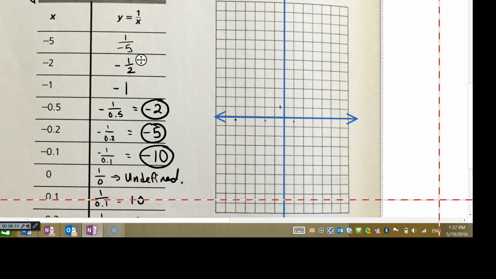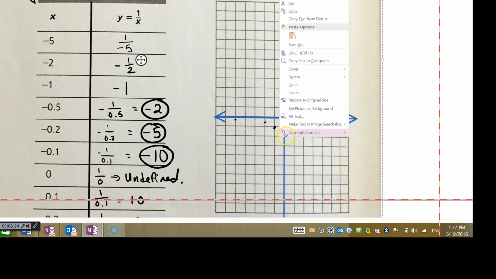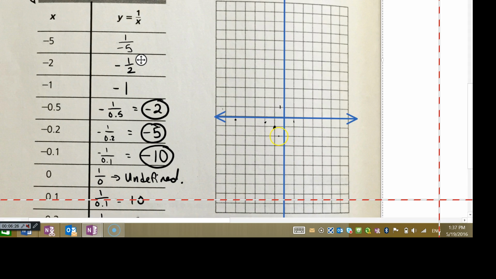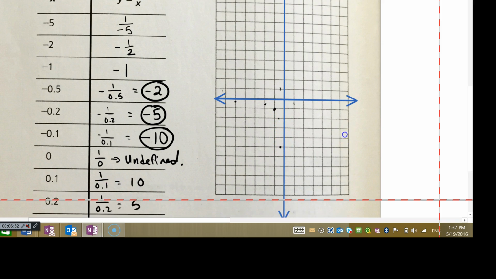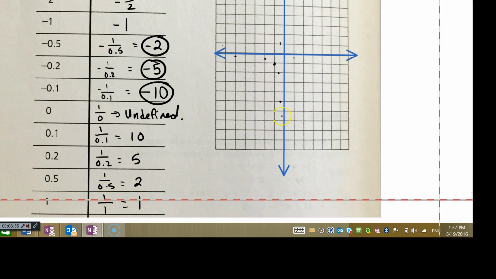When we're at negative 1, we're at negative 1. When we're at negative half, we're at negative 2. When we're at negative 1 fifth, we're at negative 5. When we're at negative 1 tenth, we're going to be at negative 10.